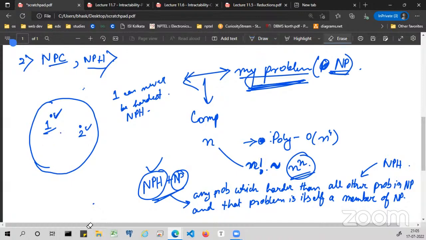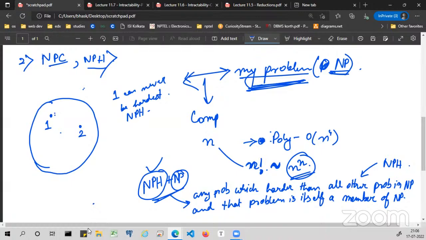Exactly. And there can be multiple such NP hard problems, because let's say two problems are equally hard, and both of them are hardest, like multiple maximums in a list. You have, let's say, 1, 2, 3, 4, 5, 6, 7, 7. So 7, 7, both of them are equally large and both of them are max.